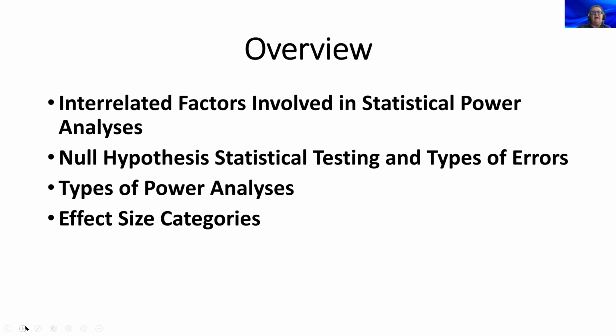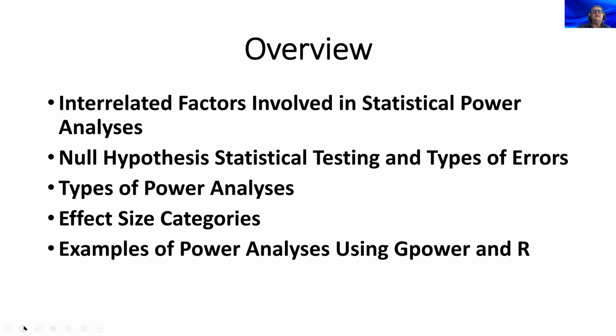Looking at different types of power analyses, also considering effect size categories, and different examples of power analyses using some software, G-Power and R, which is all freeware. So you could really address what's happening in terms of a power analysis for various studies, and it's not going to break your budget because you'll just have to put in a little bit of time to learn the software.